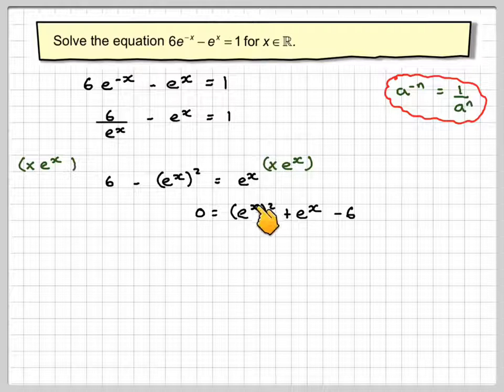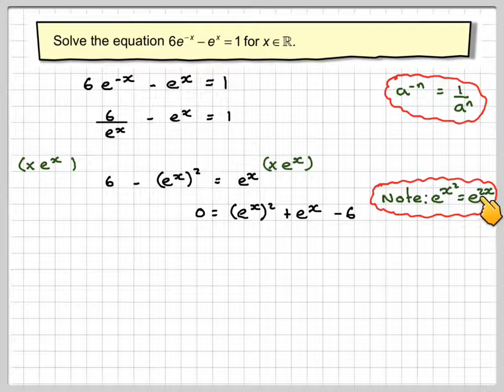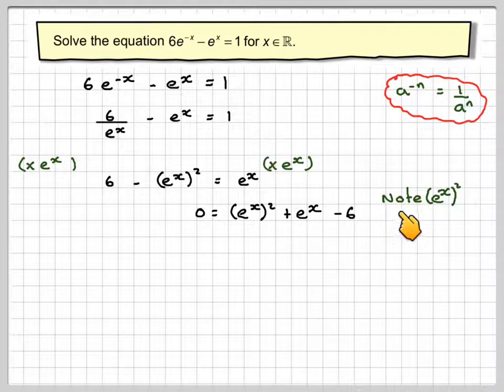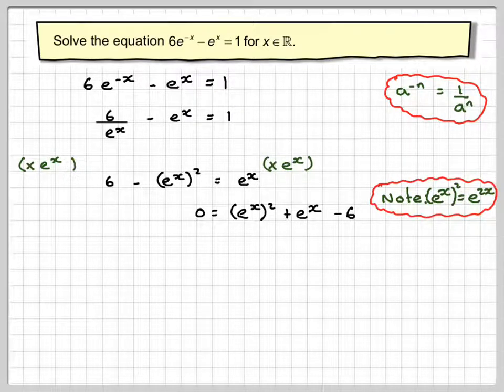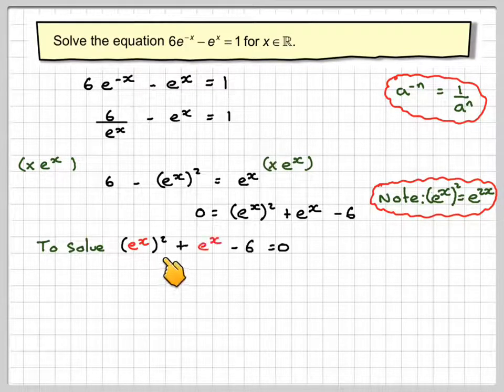Just one point of order here: e to the x all squared could be written as e to the 2x. So we have to solve the equation e to the x squared plus e to the x minus 6 is equal to 0.